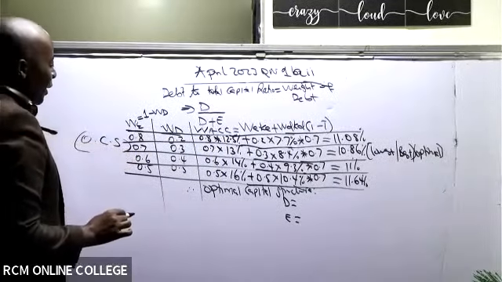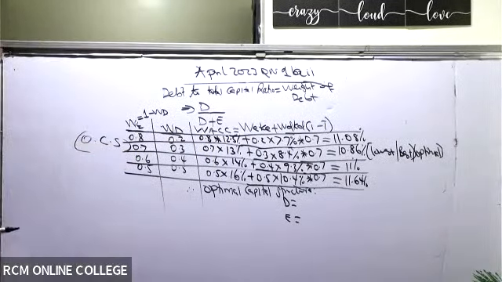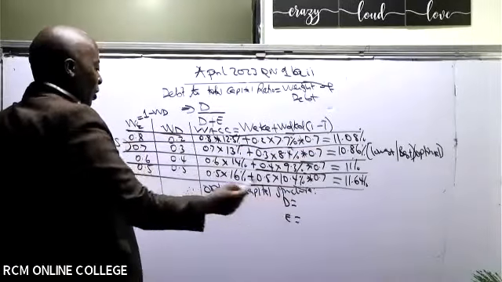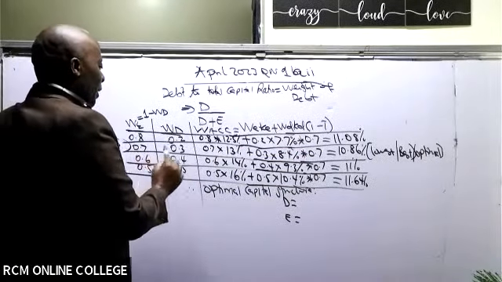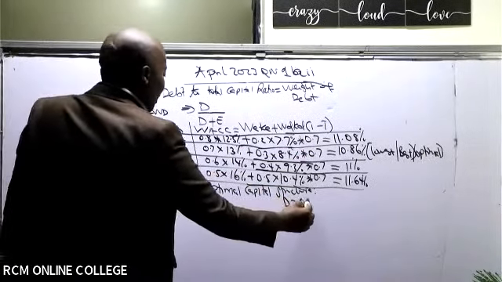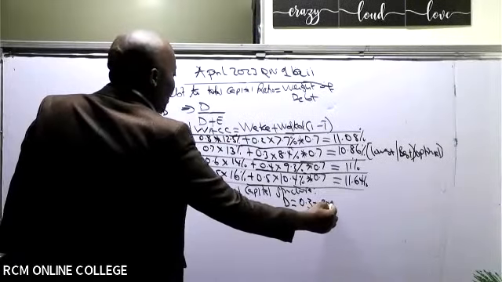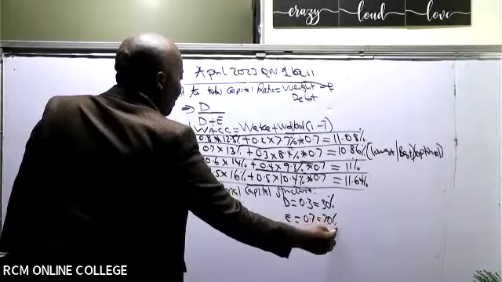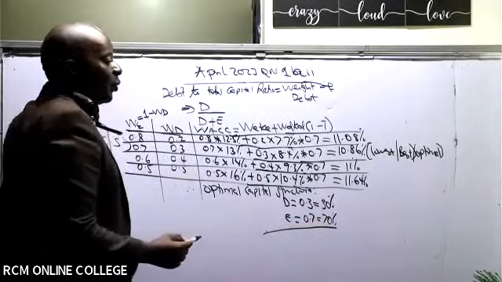We normally call it OCS, optimal capital structure, the second one, the one that corresponds to the best, lowest WACC. The optimal capital structure, OCS: debt is 30%, equity is 0.7, 70%. And you've finished the question.